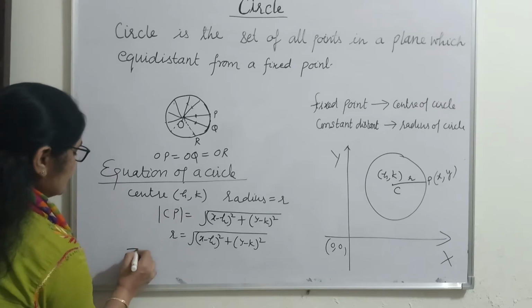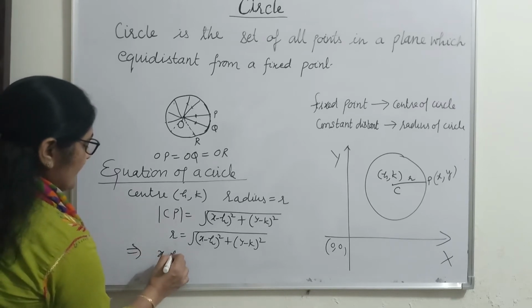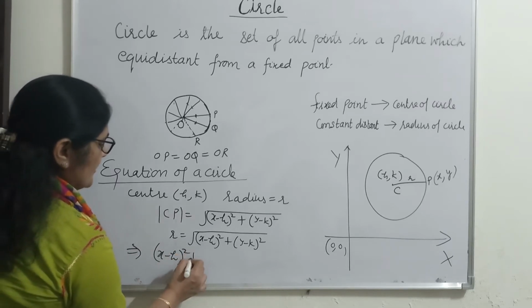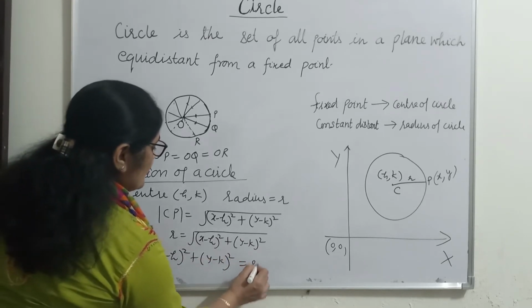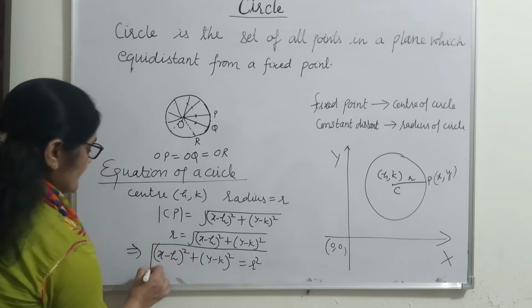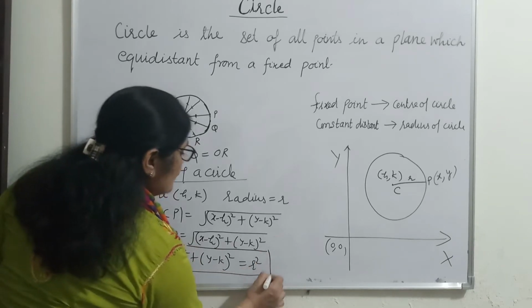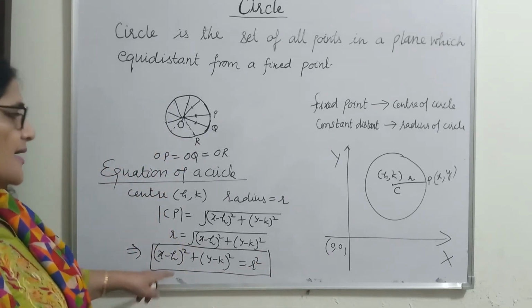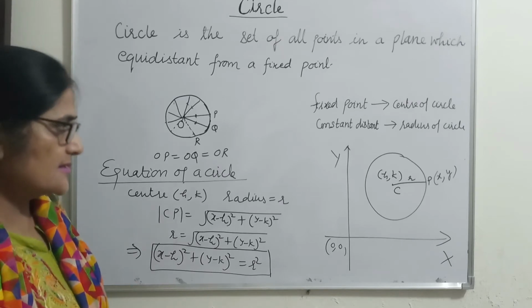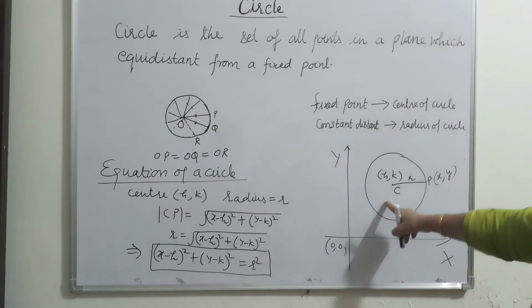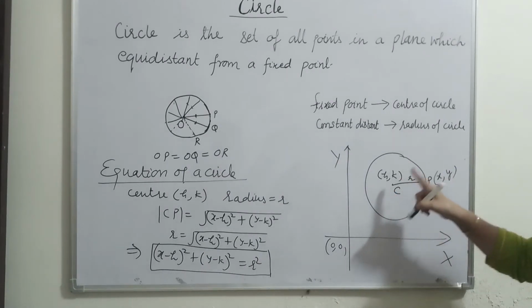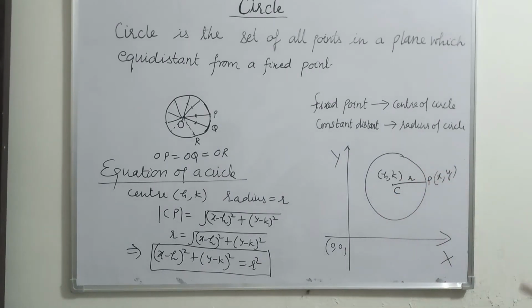Squaring both sides, we get (x minus h) whole square plus (y minus k) whole square is equal to r square. This is the equation of the circle, or you can say the standard equation of a circle, whose center is at C, that means coordinates of center are (h, k) and r is the radius.